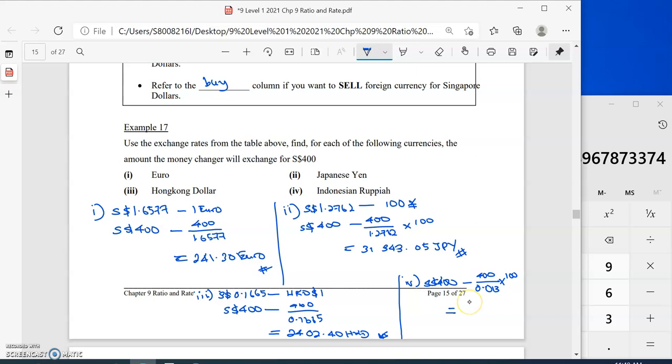This is equivalent to 307,923.08 Indonesian rupiah. Manageable, isn't it?